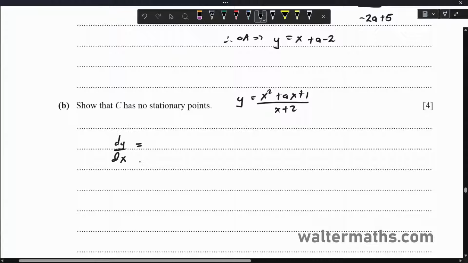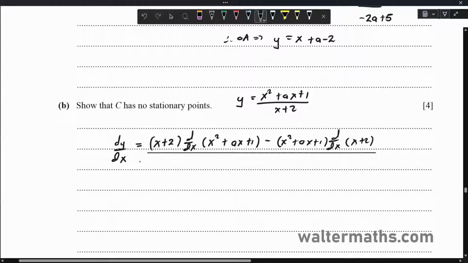We'll differentiate the quotient: x plus 2 times the derivative with respect to x of x squared plus ax plus 1, minus x squared plus ax plus 1 times the derivative with respect to x of x plus 2, all over x plus 2 squared, and we equate this to 0.